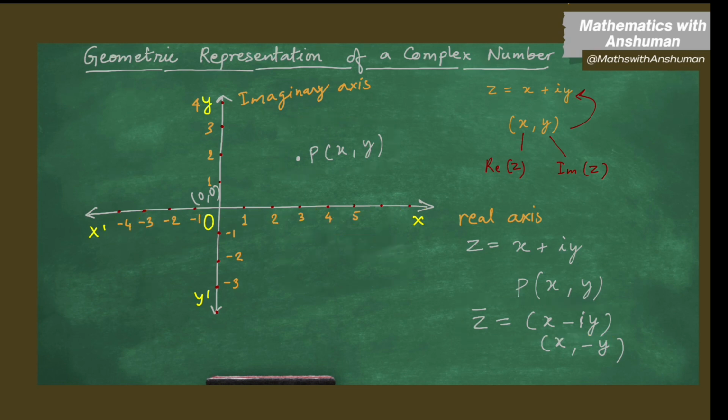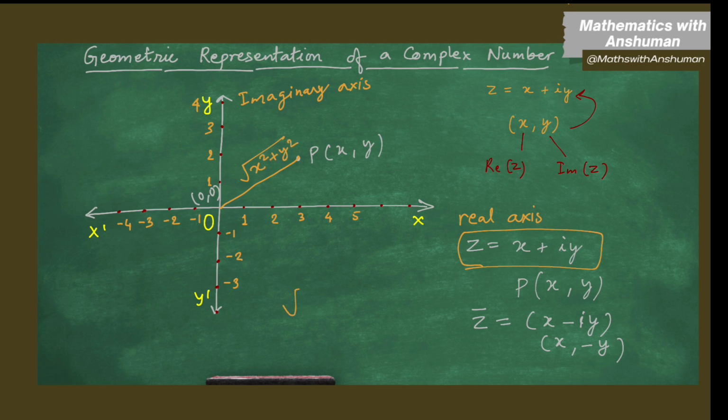Now if z is equal to x plus iy is a complex number plotted on the plane with the ordered pair P(x, y), then the distance from the origin to that point is the modulus of the complex number, with the formula square root of x square plus y square.